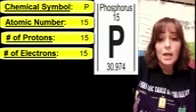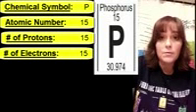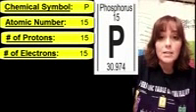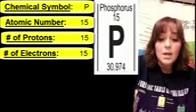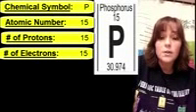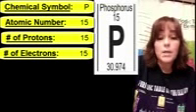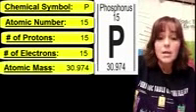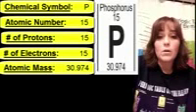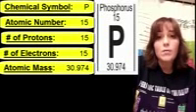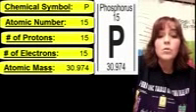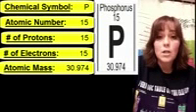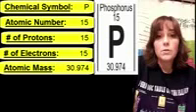So you now have atomic number filled in at 15, protons at 15, and electrons at 15. The last two things to fill out are your atomic mass, which is at the bottom of the square, 30.947, and your number of neutrons. You're going to use the atomic mass along with your atomic number to get the neutrons.